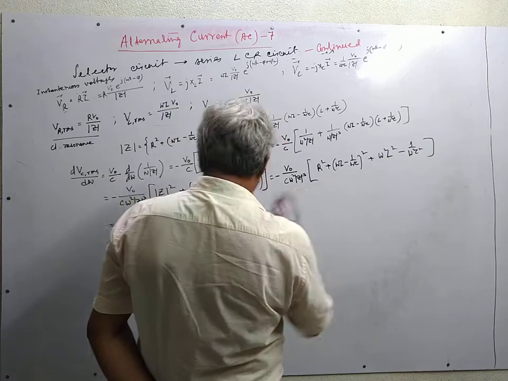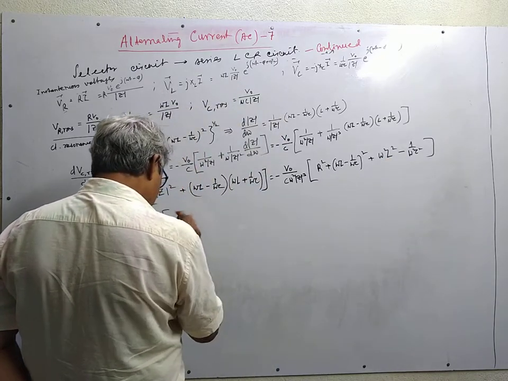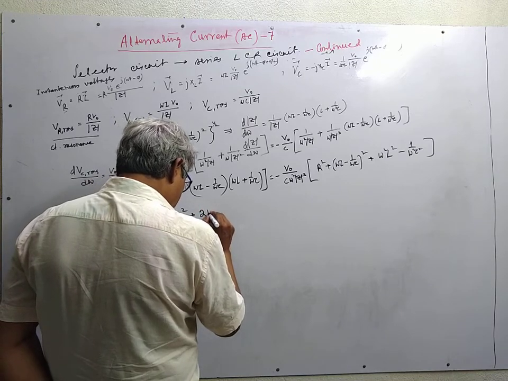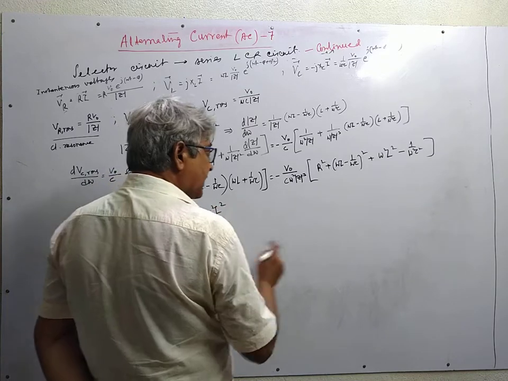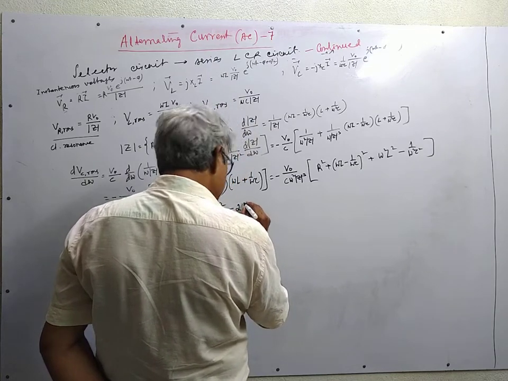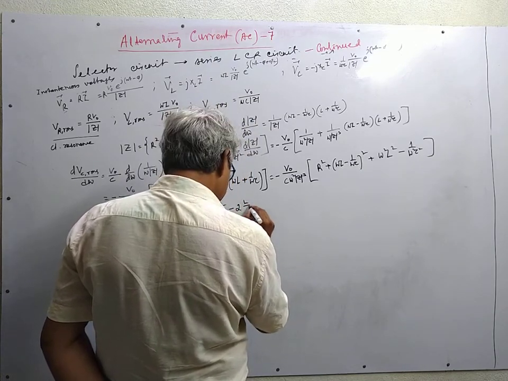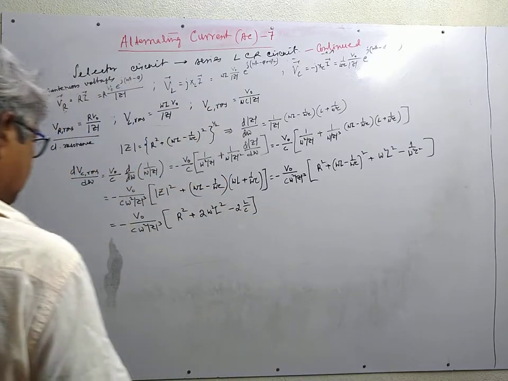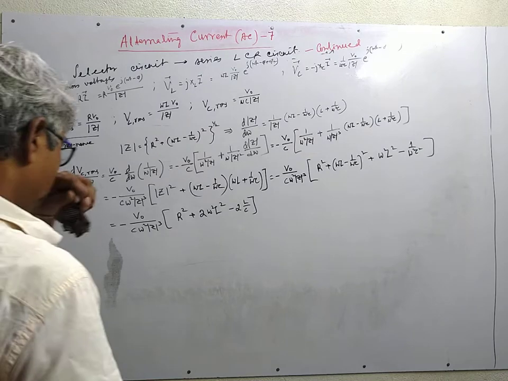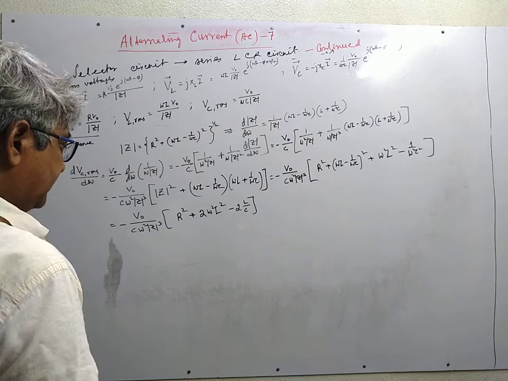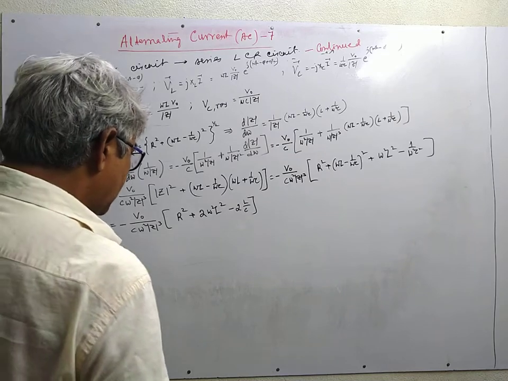Then this term will be added to twice omega square L square, and the cross term is there. Now we take L out.